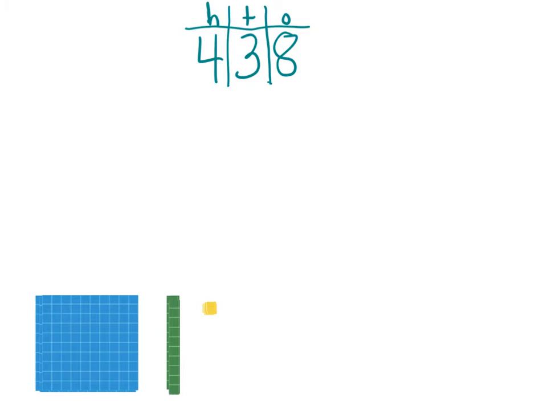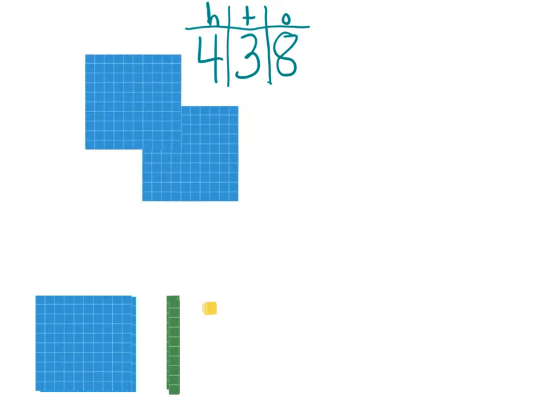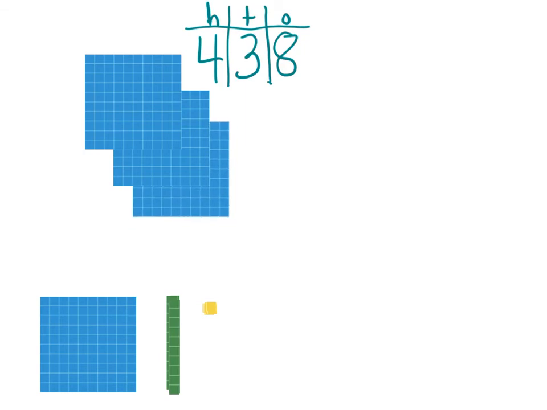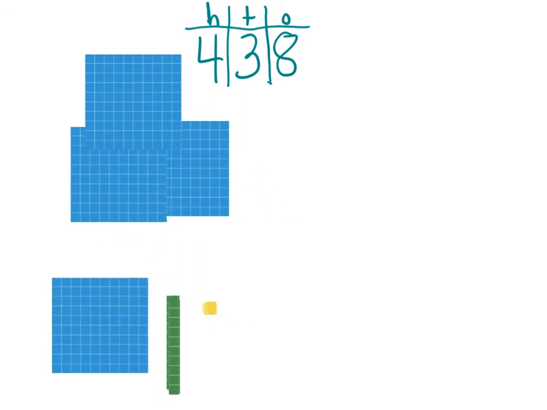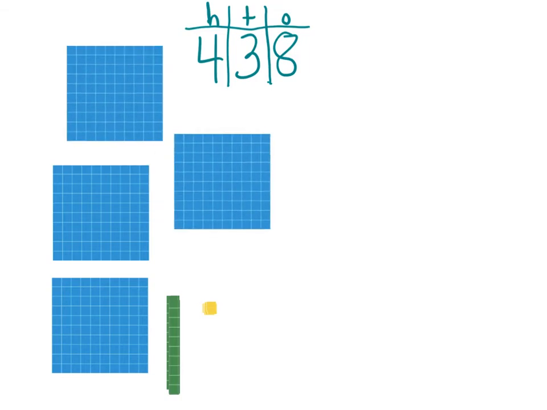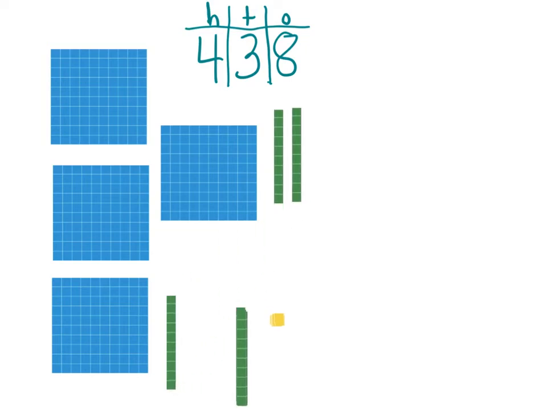So we need 4 hundreds blocks. 1, 2, 3, 4. I'll space those so you can see them. Okay, next we need 3 10 blocks. 1, 2, 3.